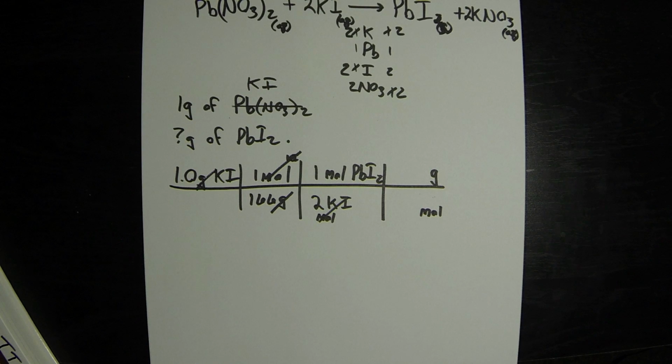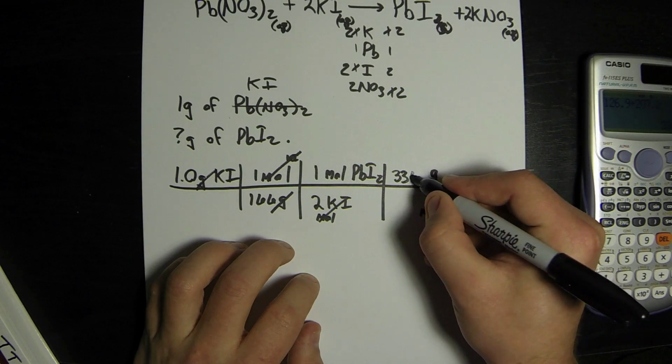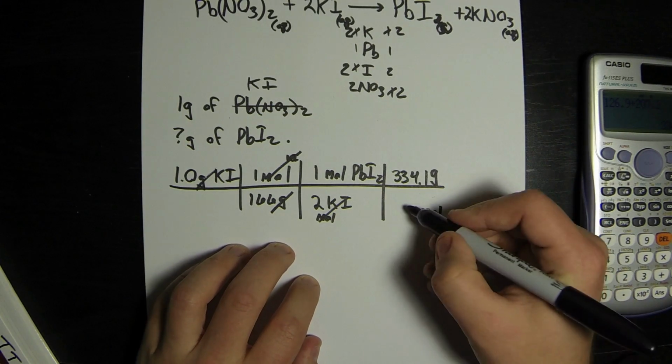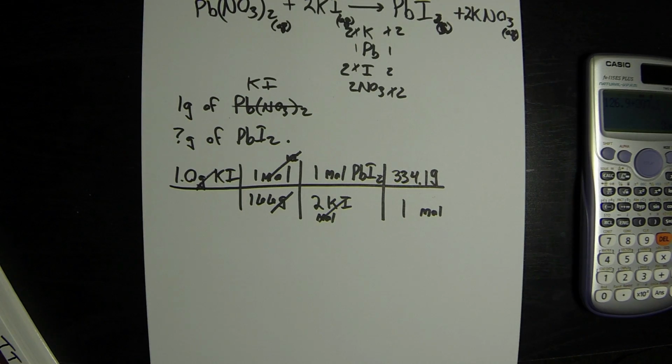Lead weighs a bit more, 207.2 grams. So it is 334.1 per 1 mole of that. So 334.1 grams per mole of lead iodide.